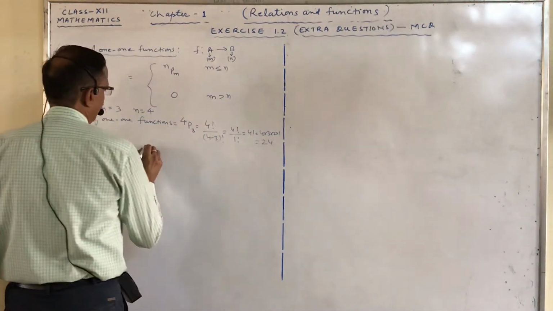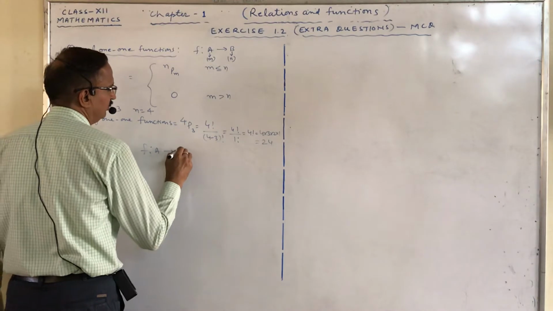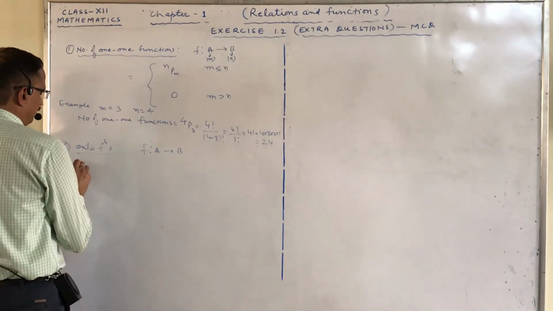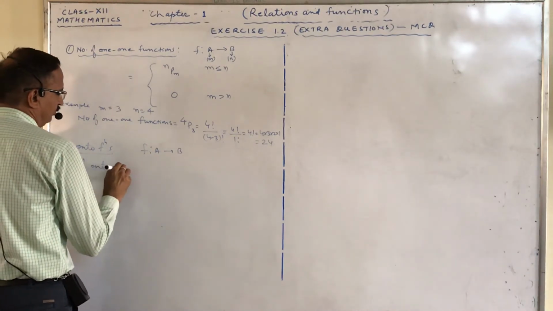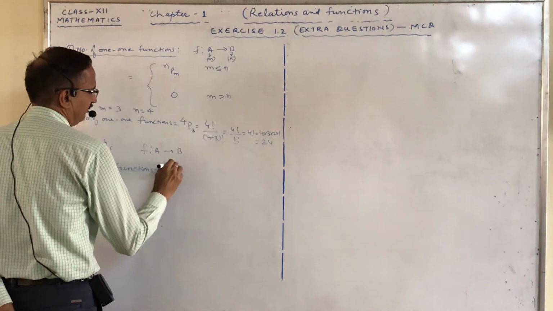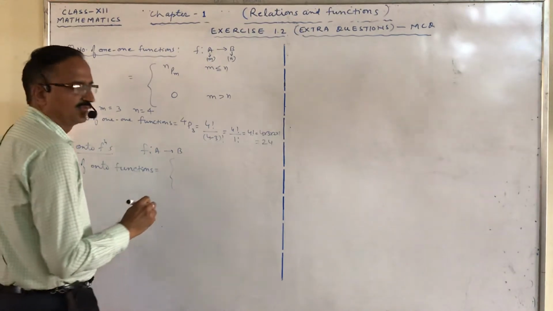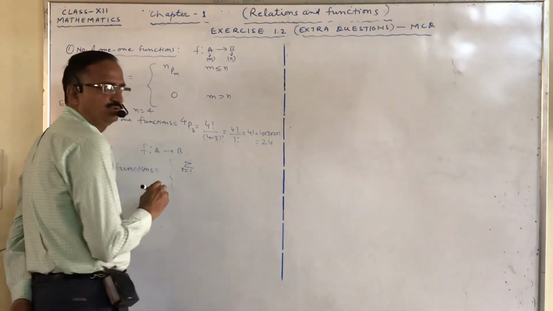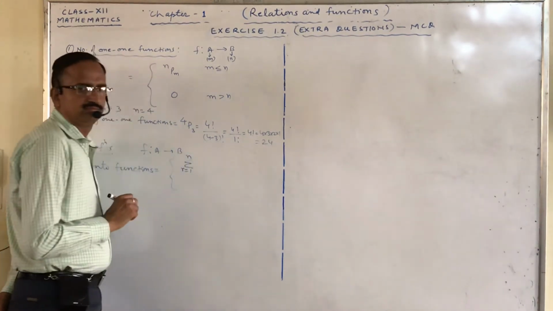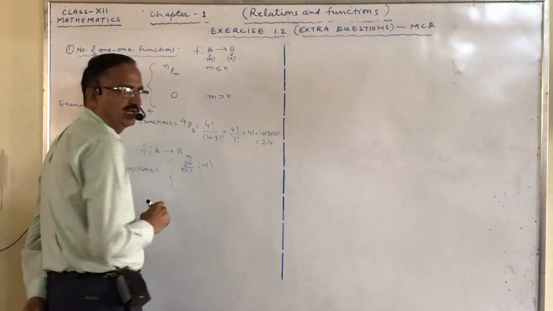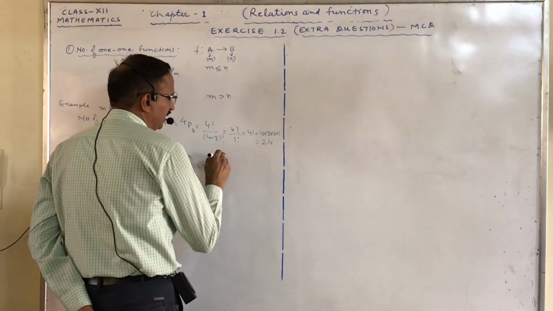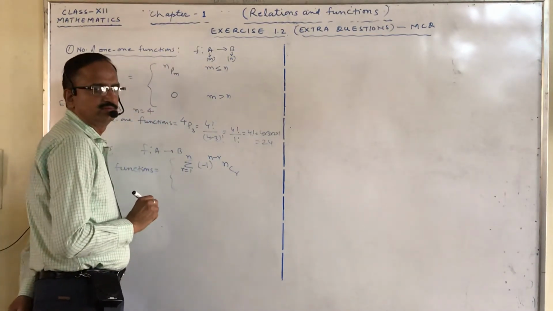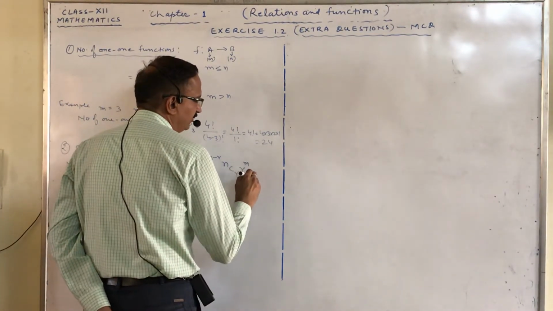Again, suppose f is a function from A to B. Then the number of onto functions is given by the summation r equals 1 to n, (-1) raised to power n minus r, nCr, and r raised to power m.